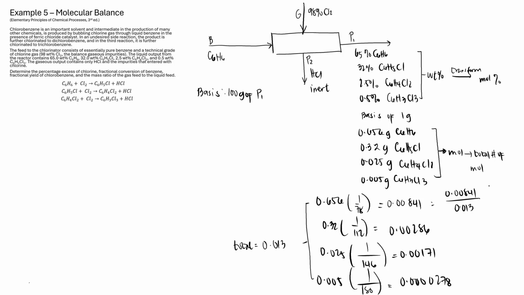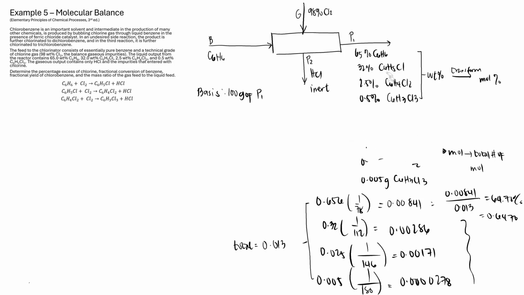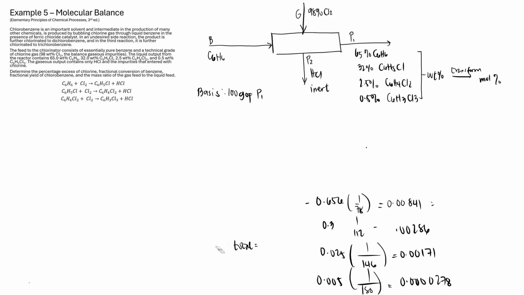So this is 64.7% or 0.6470. And then you do that for the rest of this one. Okay? But I'm doing mass basis just for the sake of it. You can do a mole basis if you want. And then you have to convert this into moles as well. Okay.